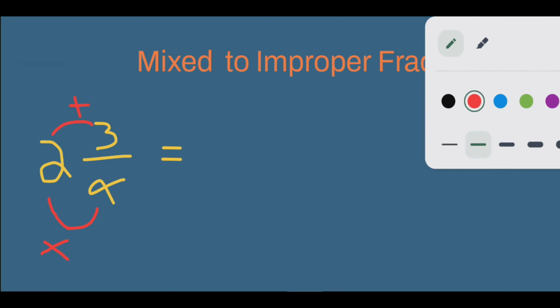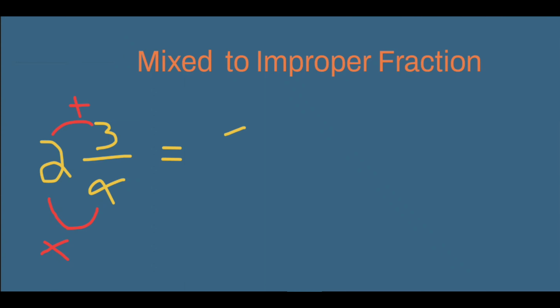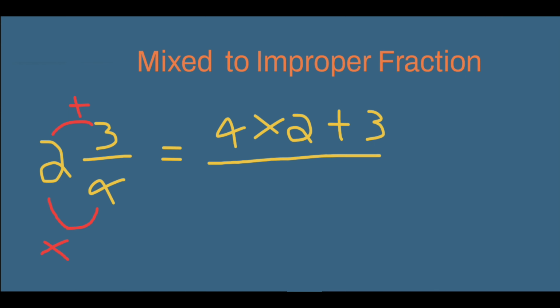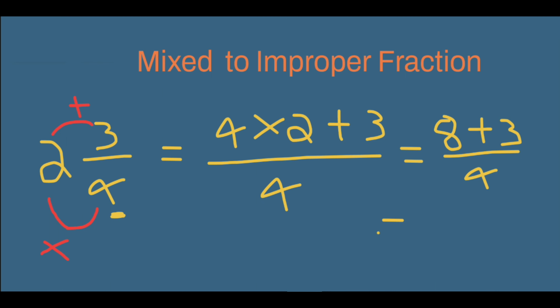So this will give me 4 times 2, plus 3, the whole divided by the denominator itself, that is 4. So 4 times 2 is 8, 8 plus 3 divided by 4, this is equal to 11 over 4. So that is the improper fraction of 2 3 over 4.